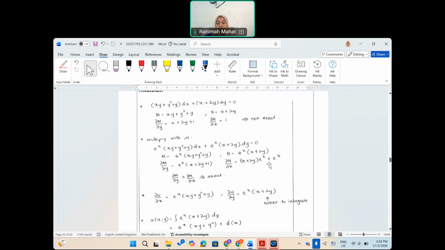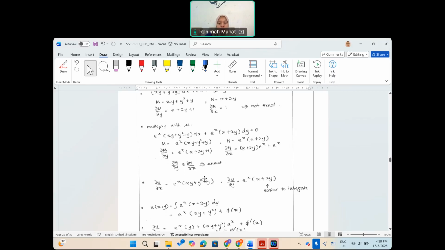And N you differentiate with respect to x. You need to expand, or you can use the product rule. So you get (x plus 2y) e to the x plus e to the x. So from here we can see that they are the same, so that equation is exact.